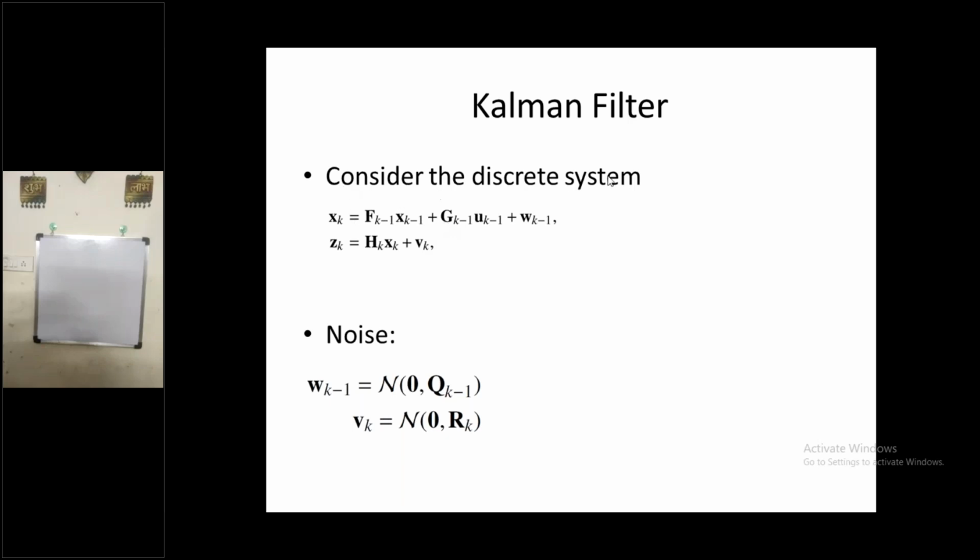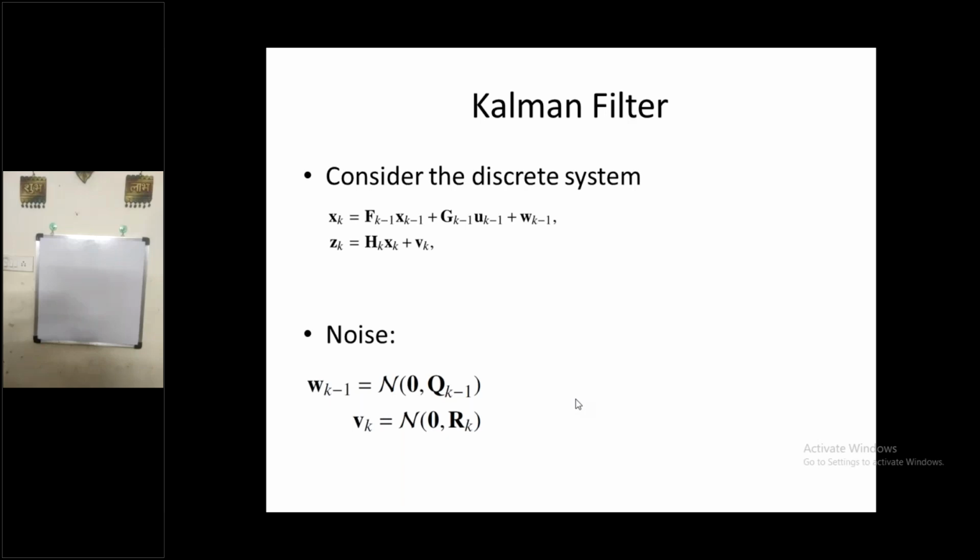Let's start our discussion on this. Consider the discrete system given like this. This is the noise, and this wk is the process noise, and this is the measurement noise.